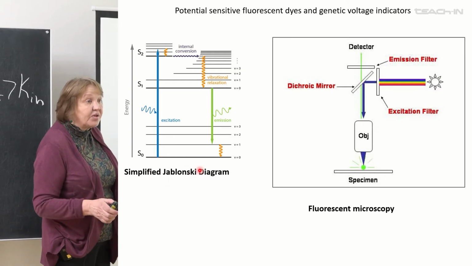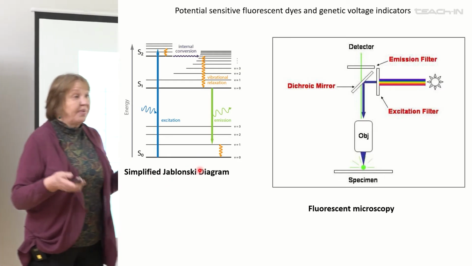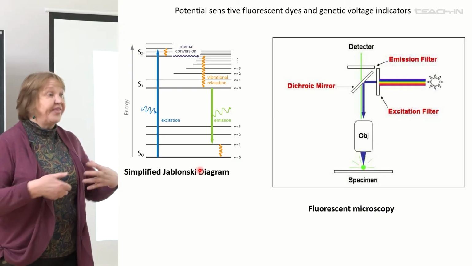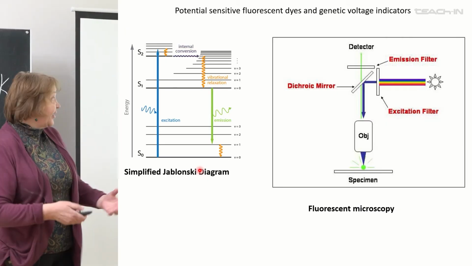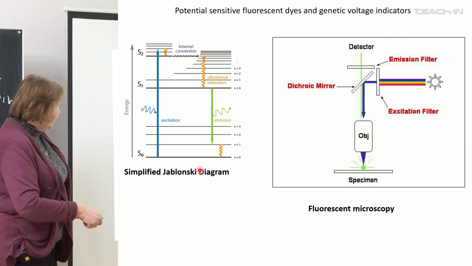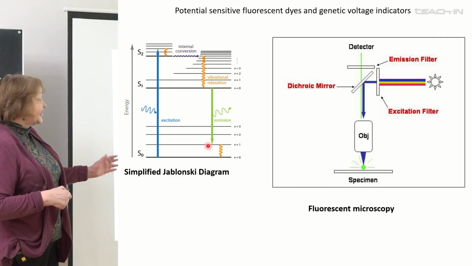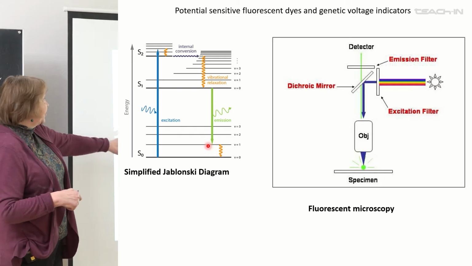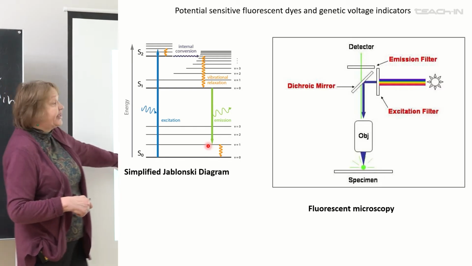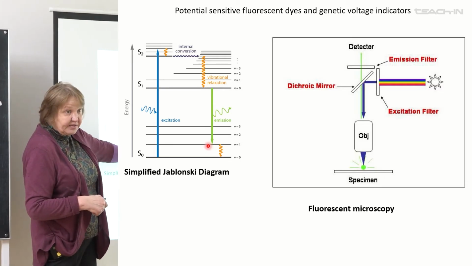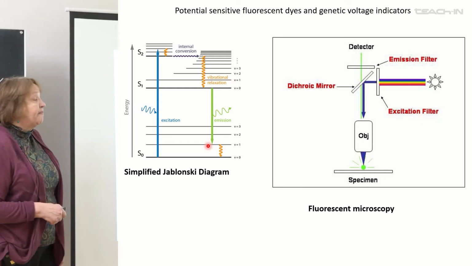Fluorescent molecules are excited by a certain wavelength, and they emit a wavelength that has less energy. So classic GFP, you excite it with blue light and it emits green light, which has less energy.